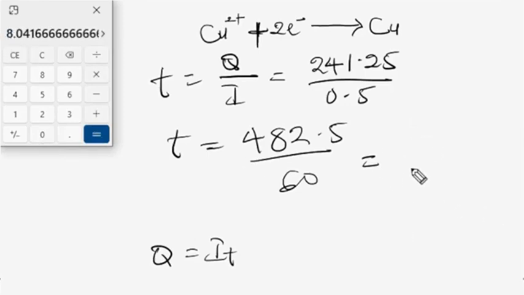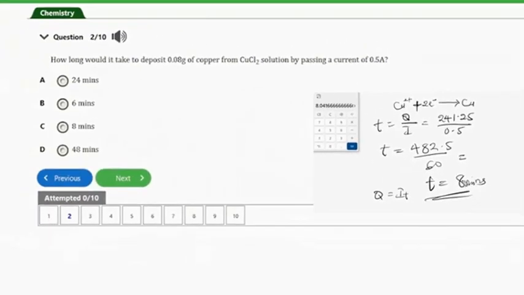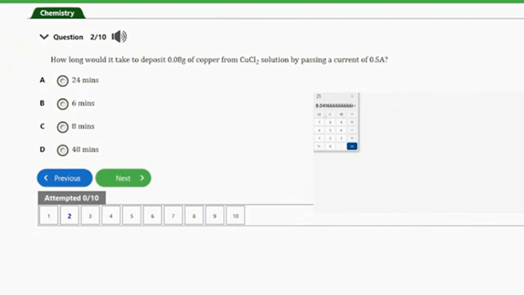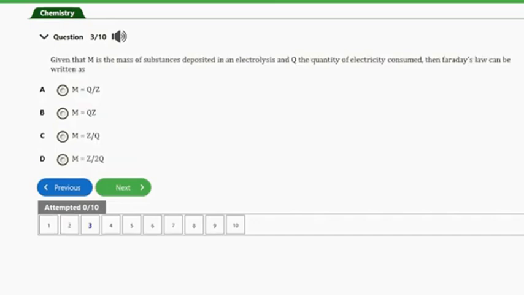So that's approximately 8 minutes here. So t becomes 8 minutes, and that's the answer to this question, guys. So that's option C here, 8 minutes. So we'll go ahead and wipe this, and then we'll consider the next question, guys.